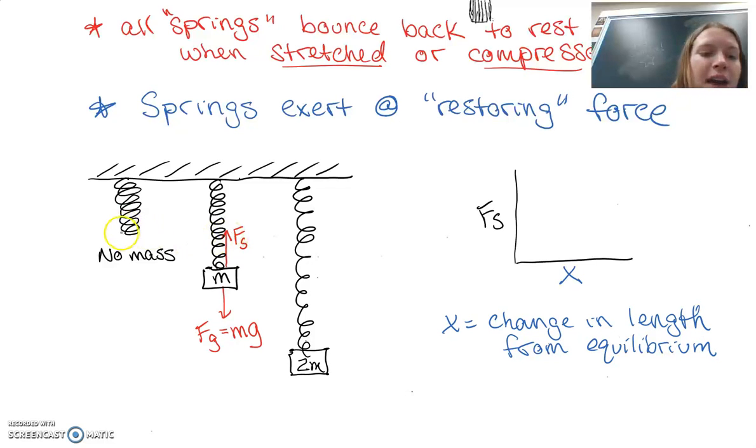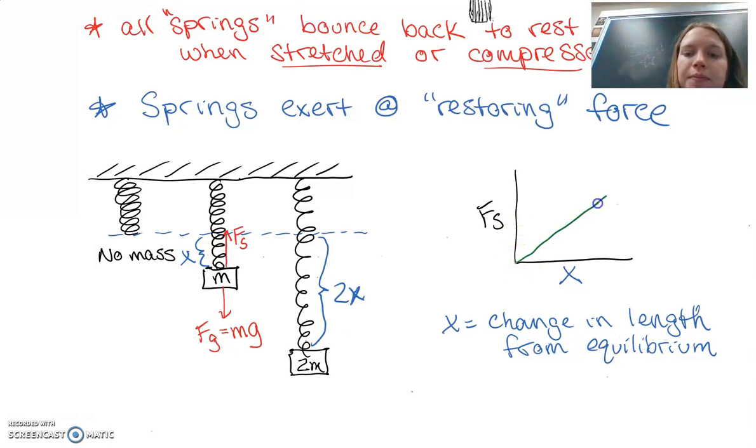So if I have a spring with no mass, and this is its position, if I hang a mass m, it will stretch some amount x. If I hang a mass 2m, it will actually stretch 2x. My picture maybe is not to scale. So if we were to graph this, we would get a linear relationship.